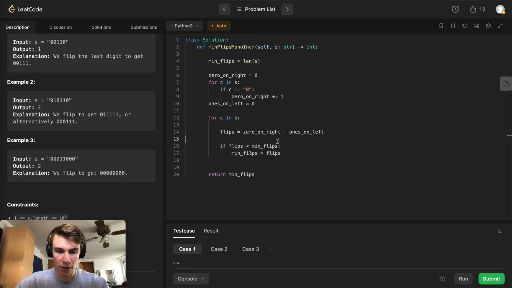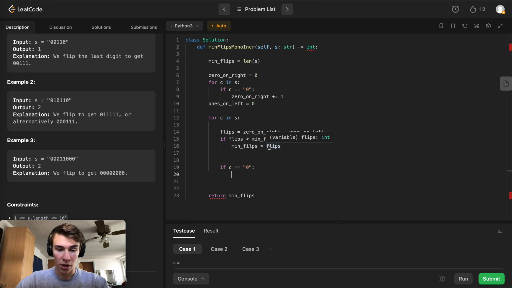Now that we have this initialized, let's make the mechanism to count which character is currently being processed. So if c is equal to 0, then we're going to say zeros on the right minus equals 1.